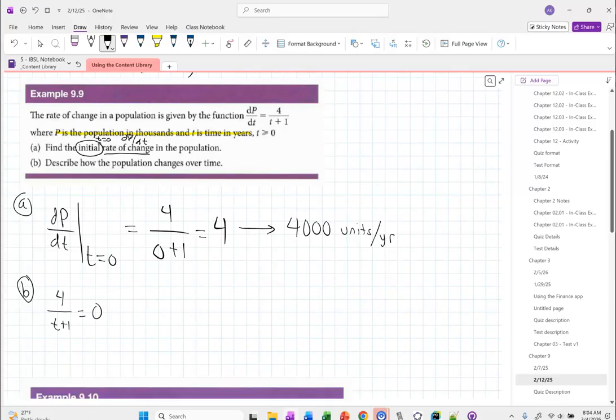How do I solve the equation 4 over t plus 1 equals 0? How do I solve an equation where the variable is in the denominator of a fraction? Multiply by what?